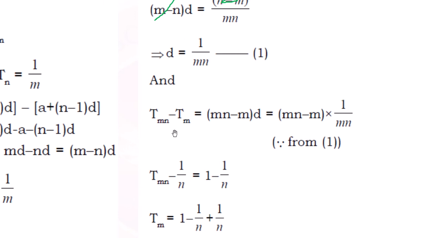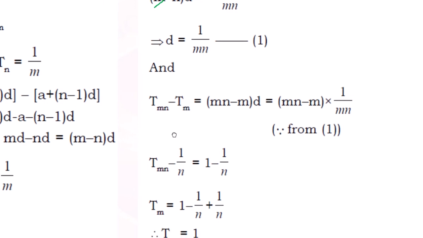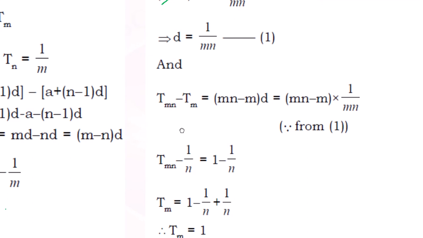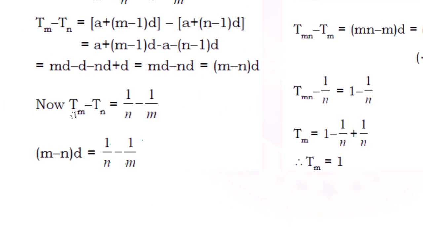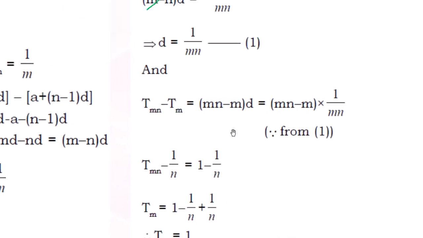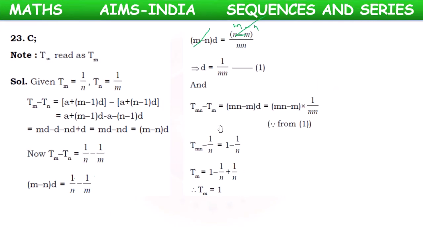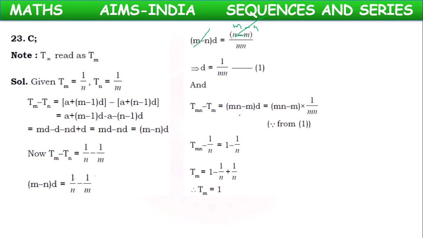So Tm minus Tn equals, we have the formula m minus n into d. There is some mistake. One minute, children.